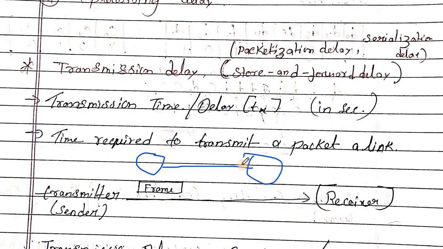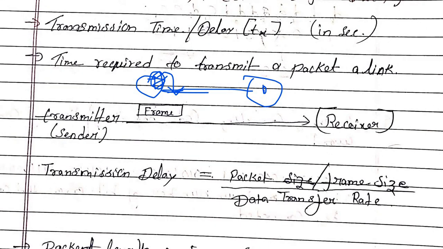This is a host, there is a transmitter, and here is a receiver. The transmitter puts data frames into the channel. The delay required to put the frames from the device to the channel is called transmission delay.